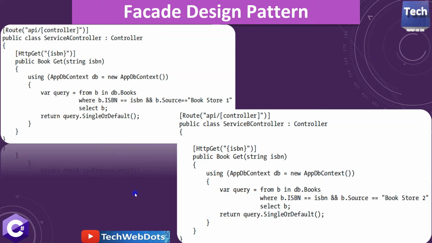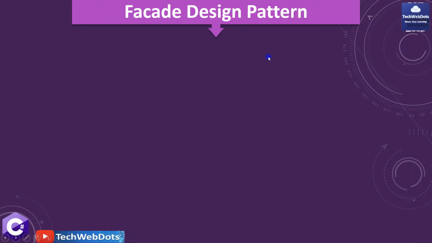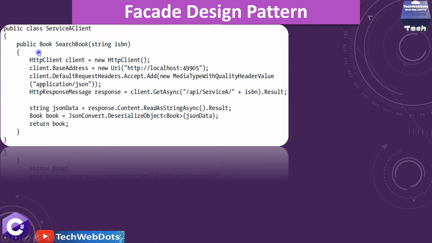Now you are guessing right, the next thing is to create the consumption of these services. You can see service A client: we receive the ISBN, create an HTTP client and set its base address where our API will be hosted, and in the default request header we add a media type with quality header value, which is application JSON.